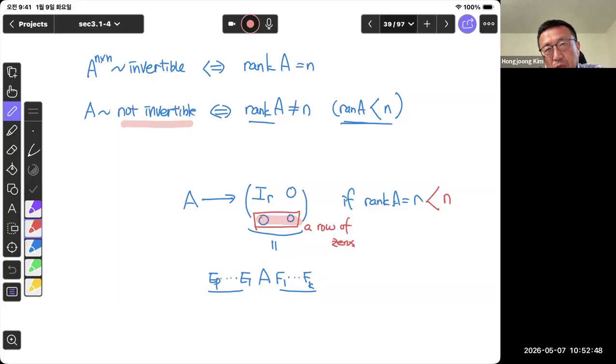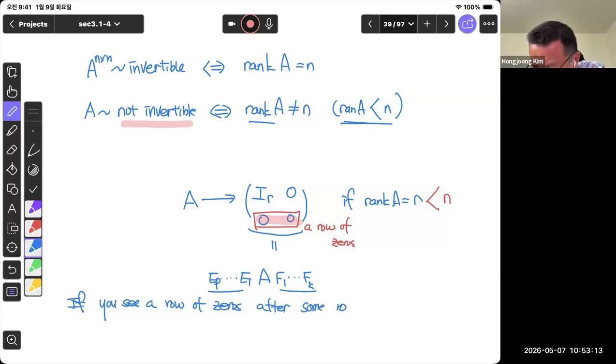So if you see a row of zeros after some row operations, your A is not invertible.